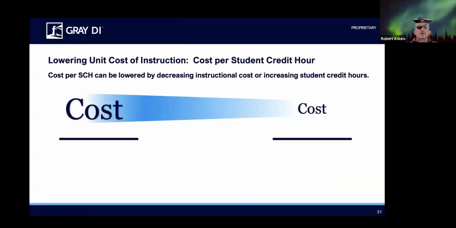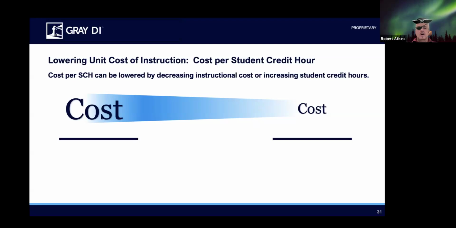So how do you improve your unit cost of instruction? Of course, you might ask, what the heck is a unit cost of instruction? That is the cost to deliver a student credit hour of instruction. Not a credit hour, but a student credit hour, to teach one student one credit hour's worth of material. So if you want to lower that number, you can lower your cost of the instructor.